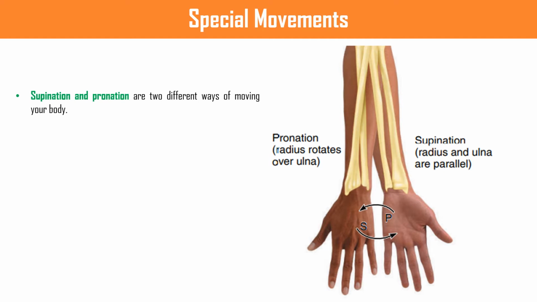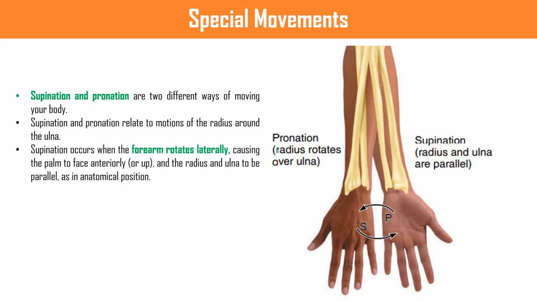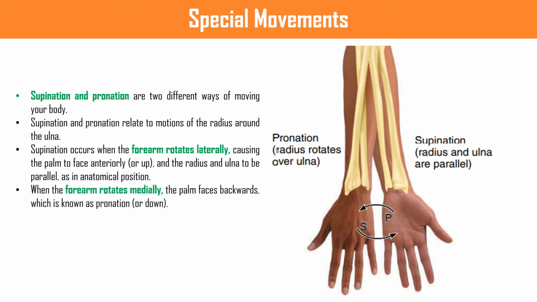Supination and pronation are two different ways of moving your body. Supination and pronation relate to motion of the radius around the ulna. Supination occurs when the forearm rotates laterally, causing the palm to face anteriorly or up, and the radius and ulna to be parallel as in the anatomical position.